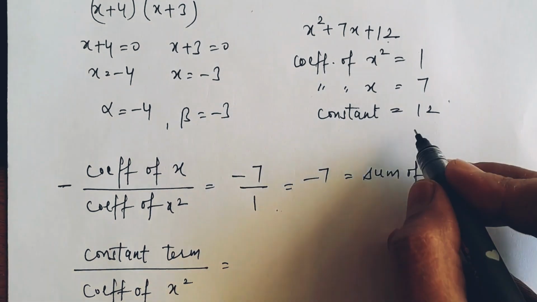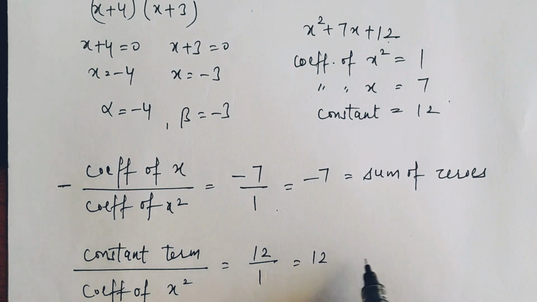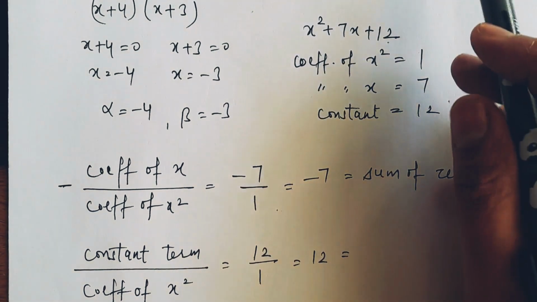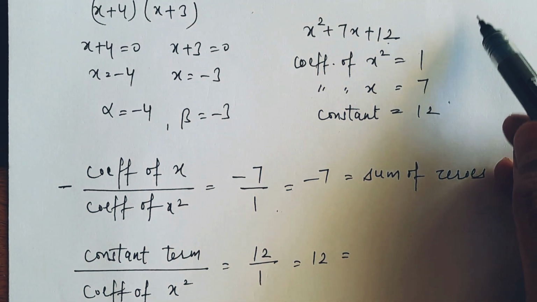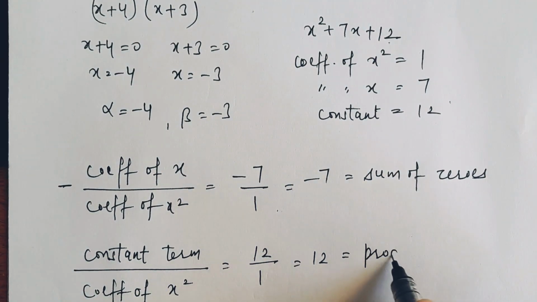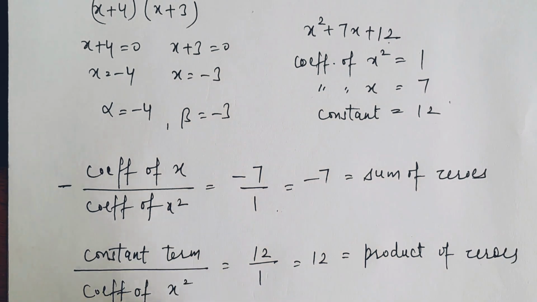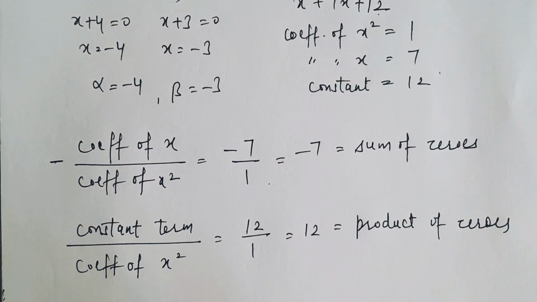So constant term is 12 here and coefficient of x square is 1. That means we will get 12. And if we check out the product of zeros we got earlier, alpha beta, that was also 12. So product of zeros is equal to constant term divided by coefficient of x square.